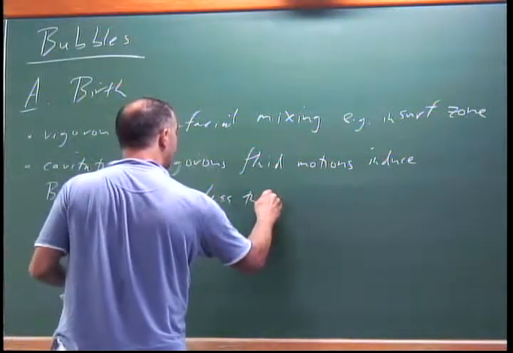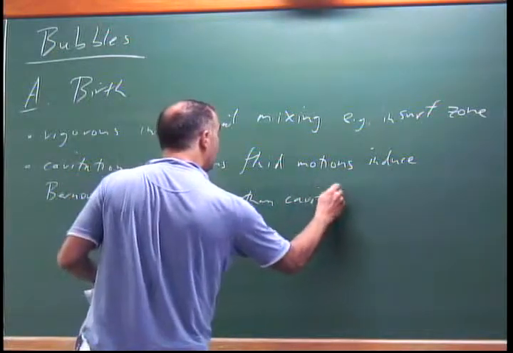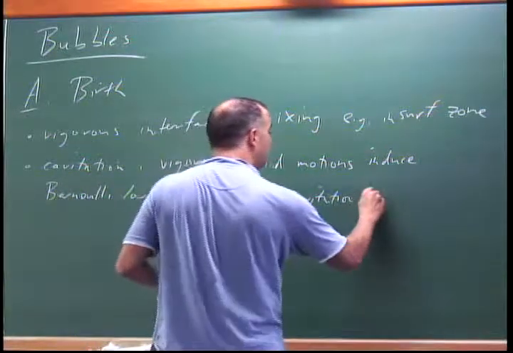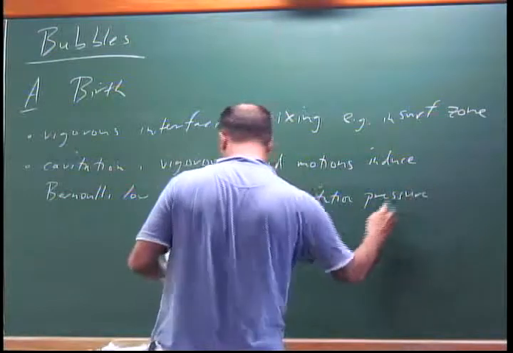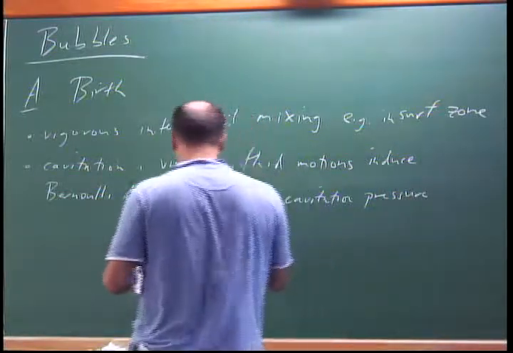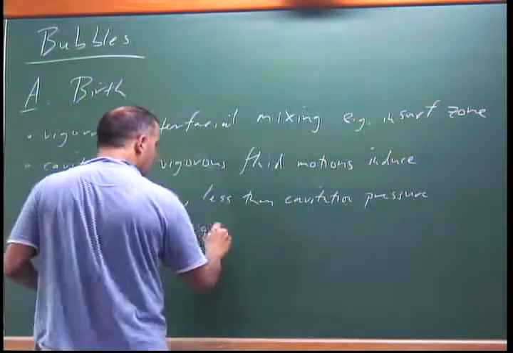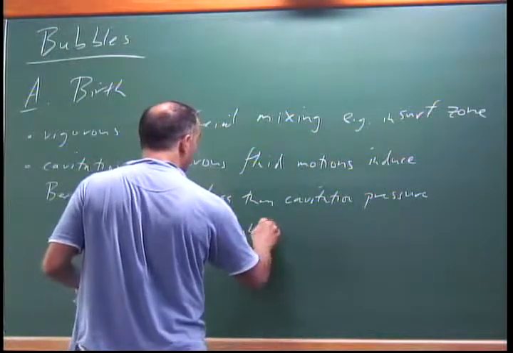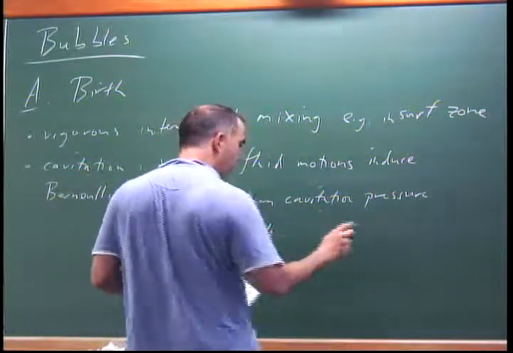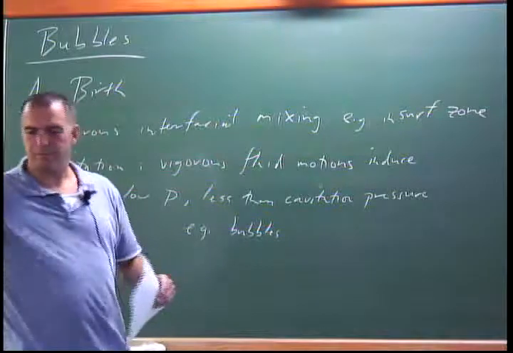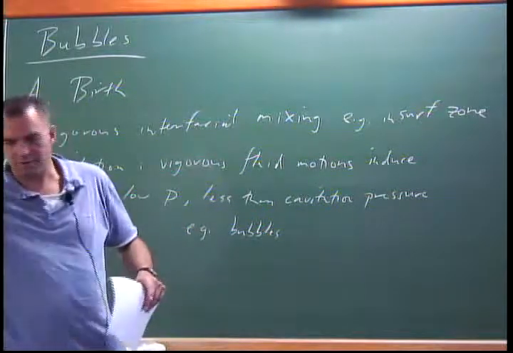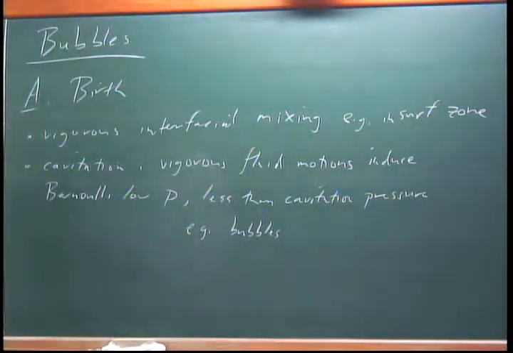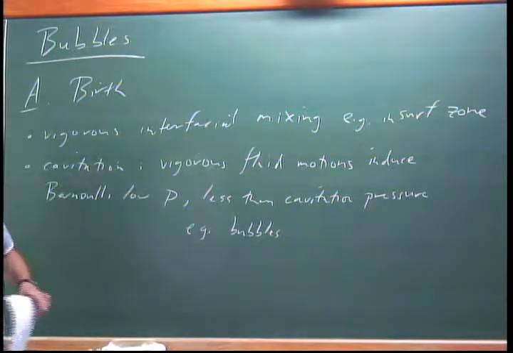Less than the cavitation pressure, and so then you have bubbles forming. And this is very clear. But if you have ever seen behind a propeller, they're inducing very high speed flows, and so you get a helical trail of bubbles behind the propeller.